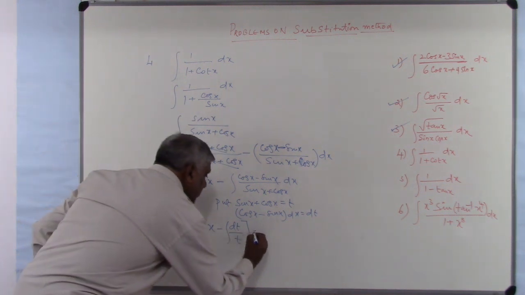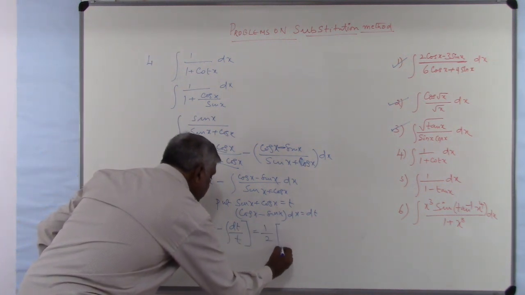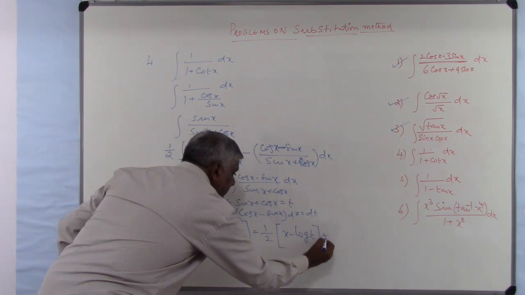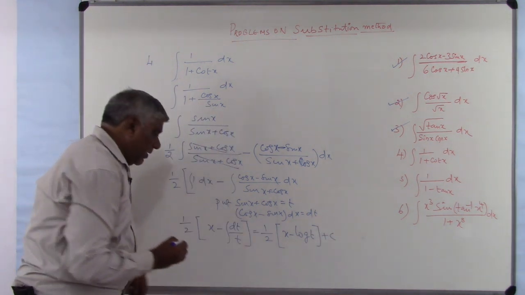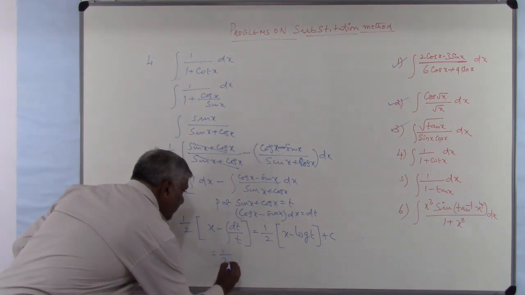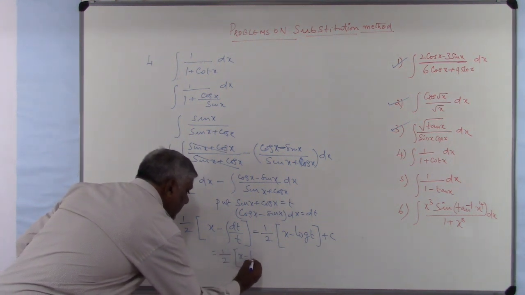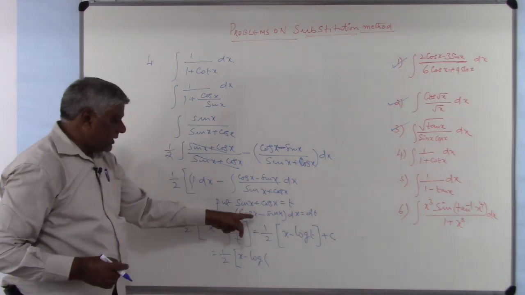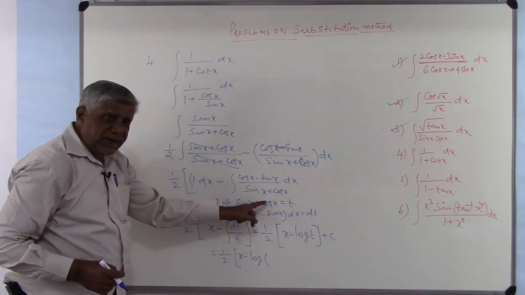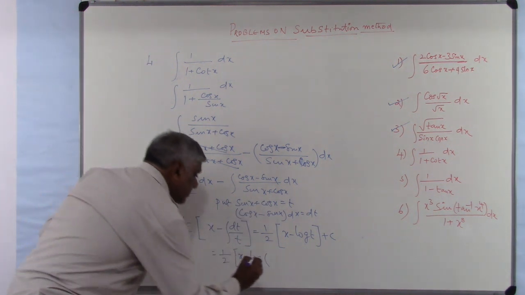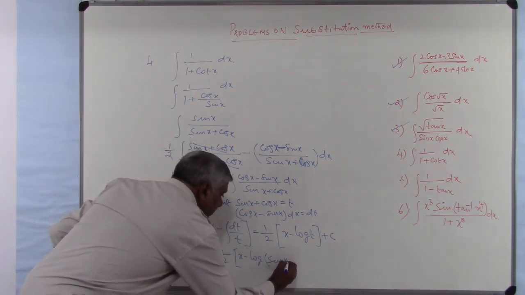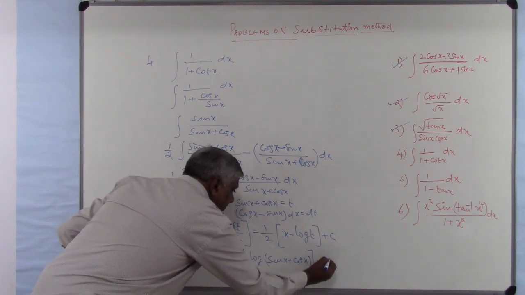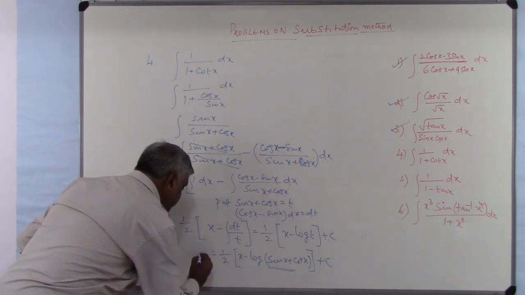Will you agree? So this is equal to half of x minus log t plus c, or half of x minus log of, substituting the value of t is equal to sin x plus cos x, plus c. This is the answer for that.